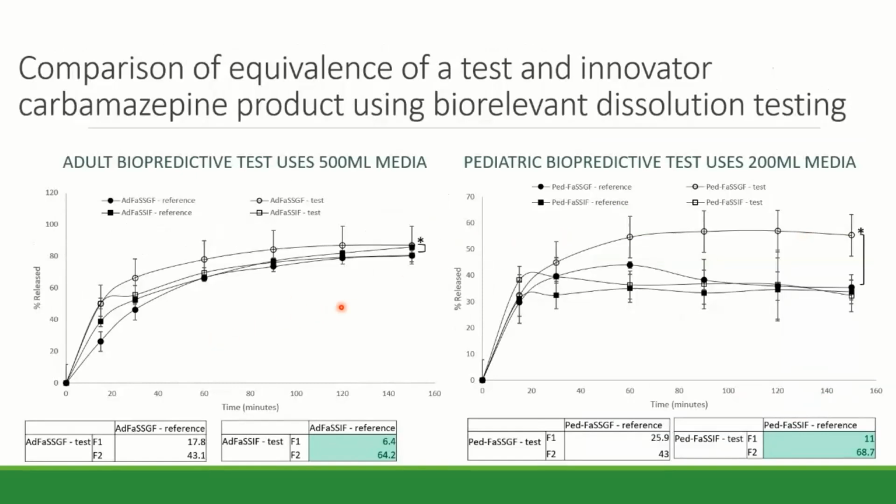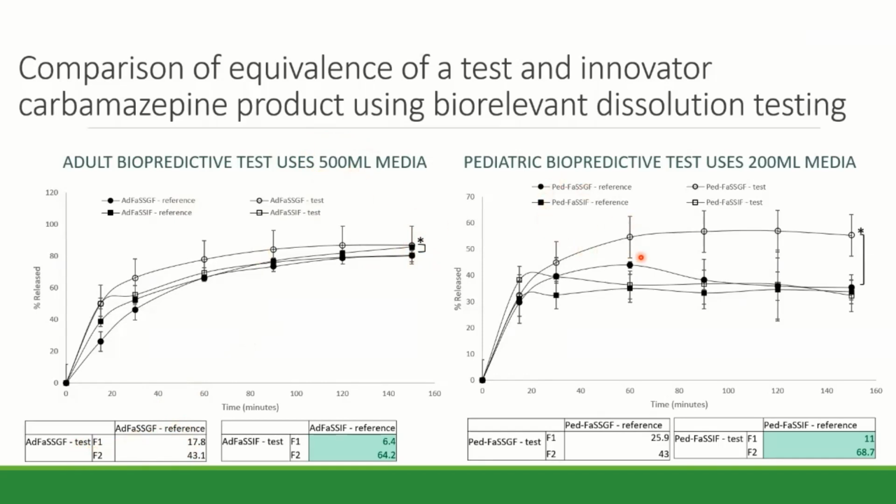So these slides here are now comparing a reference to a test, so an innovator to a test carbamazepine tablet in the gastric and the intestinal media. Here we're trying to look at differences that might be predicted in adults. So when we're using 500 millilitres of media, are there differences? The F1, F2 did actually show some subtle differences between the reference and the test product in the simulated gastric media at 500 millilitres.